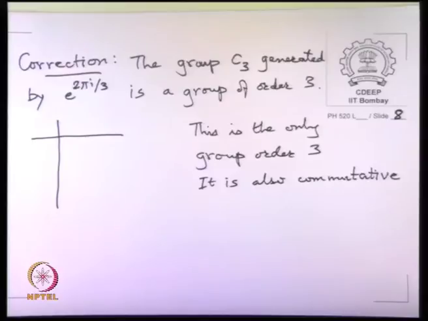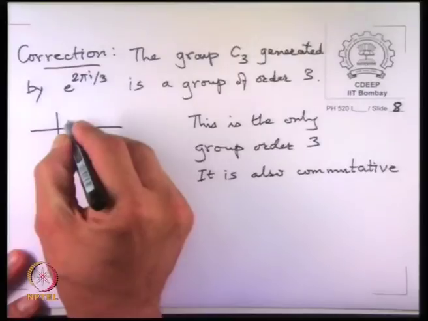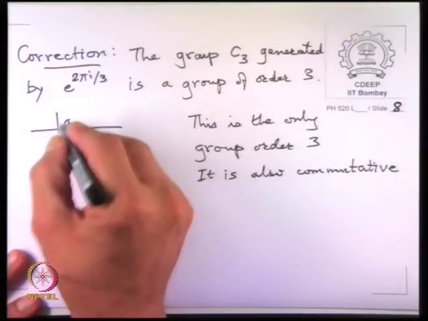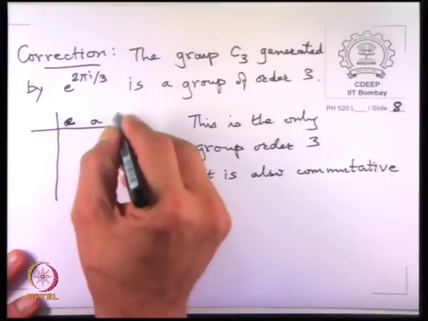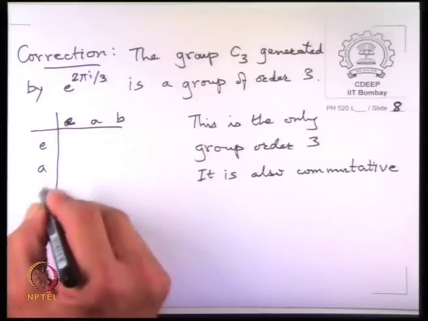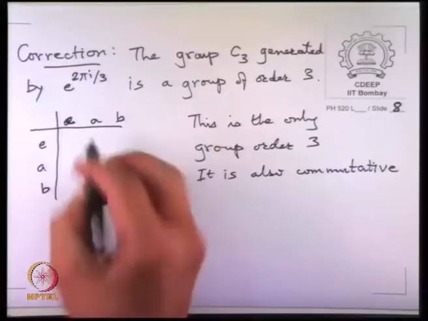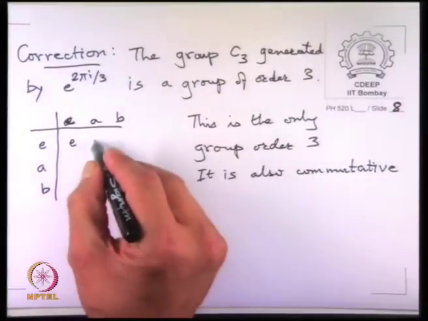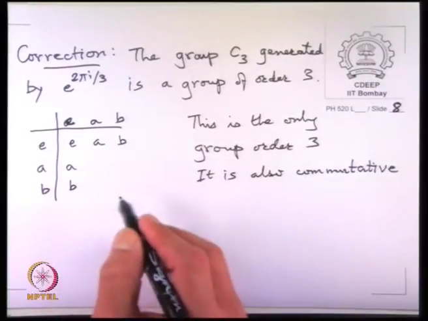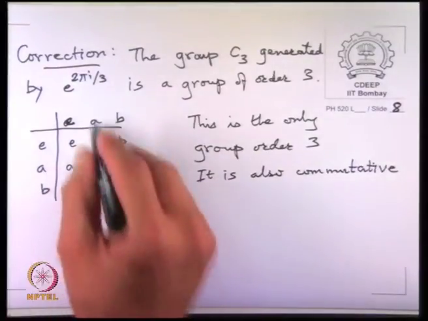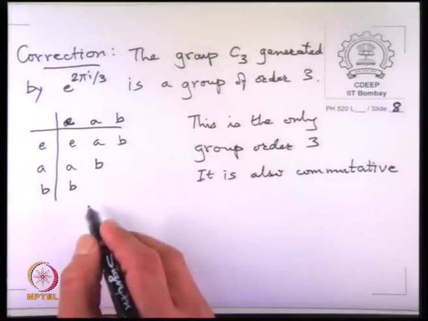So why are we saying this is the only group of order 3? Well, let us try to write a multiplication table of E, A and B. I have 3 elements, E, A and B. So what can I do with them? Well, this first row and first column are fixed already. The only thing I can do with A and A is to make it into a B, right?